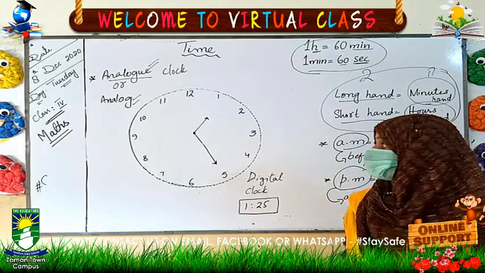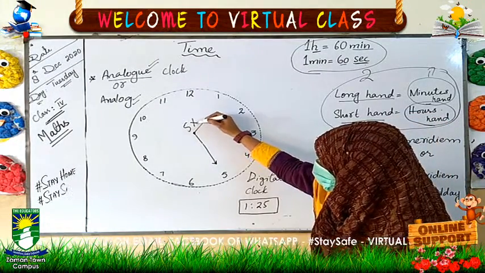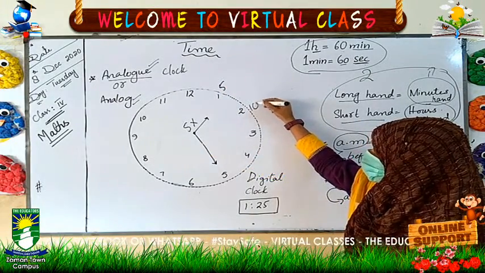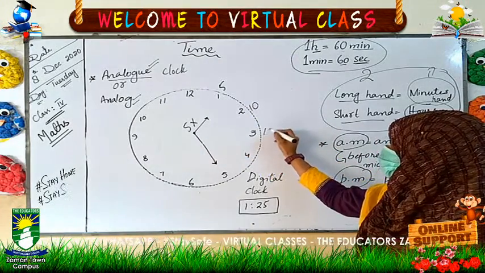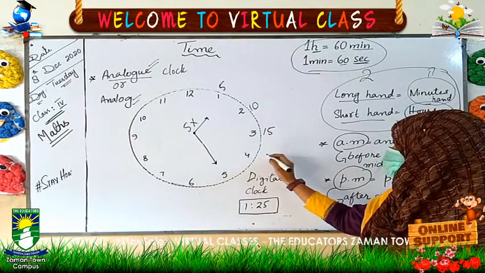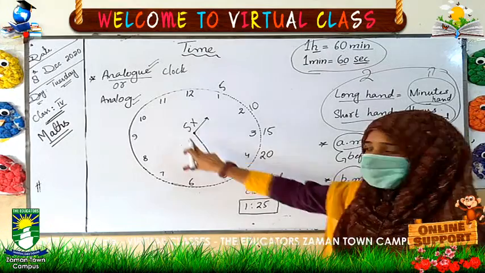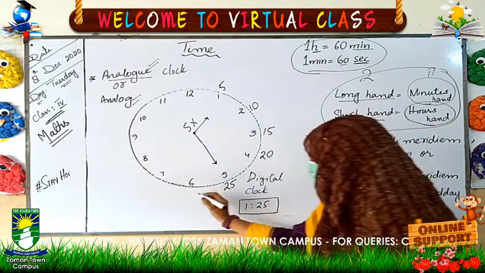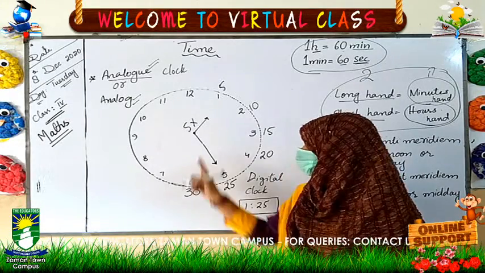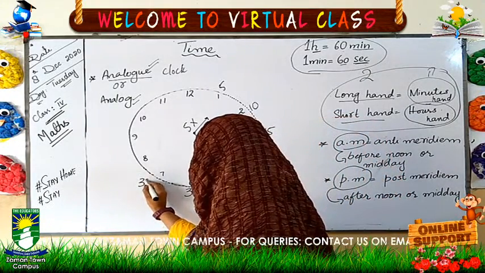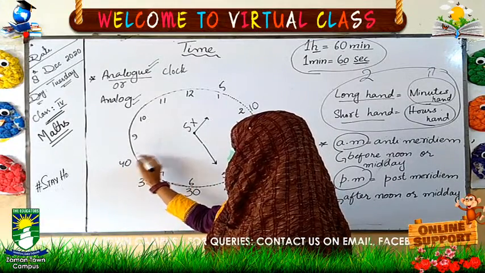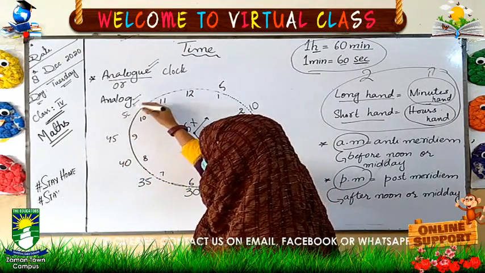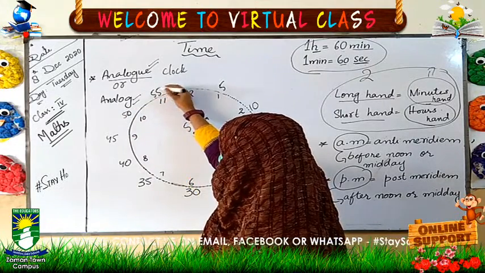It is very easy to multiply by 5. 5 ones are 5, 5 twos are 10, 5 threes are 15, 5 fours are 20, 5 fives are 25, 5 sixes are 30, 5 sevens are 35, 5 eights are 40, 5 nines are 45, 5 tens are 50, 5 elevens are 55, and then it's 60.